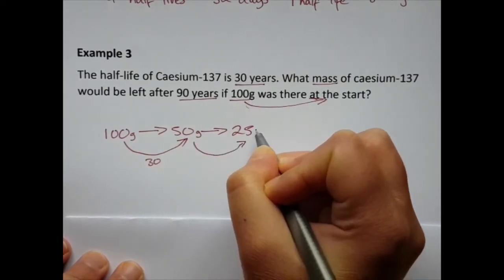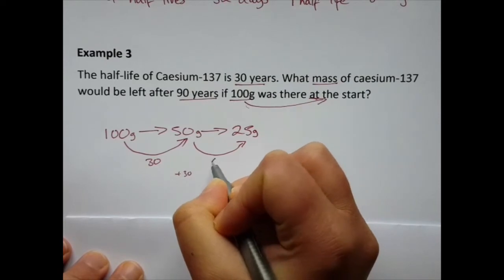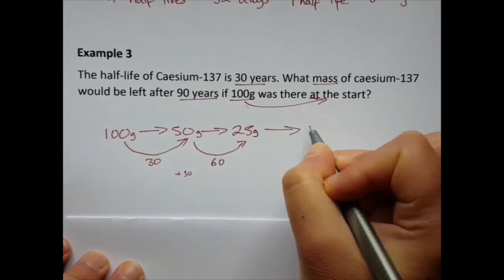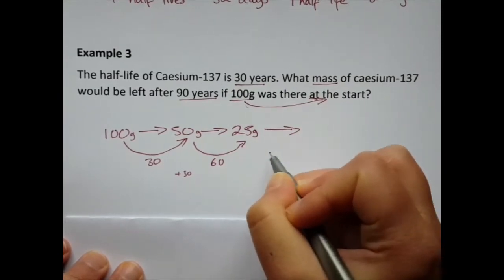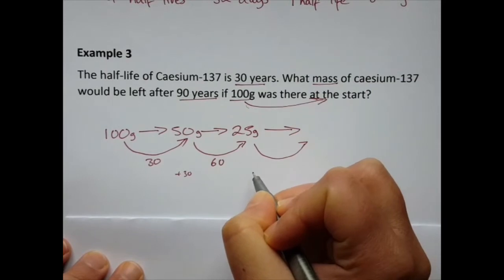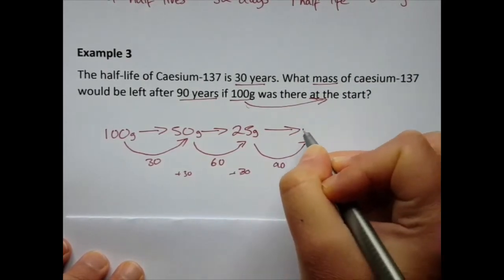After another 30 years, it's going to go down to 25, so we're adding on 30 each time, so after 60 years, it would go down to 25. And then we're going to go from 25, we're going to half again in another 30 years. That would give us 90 years.